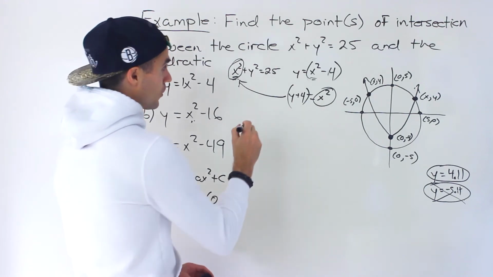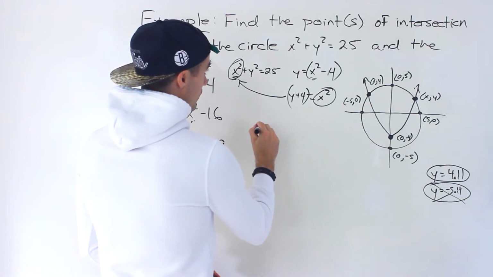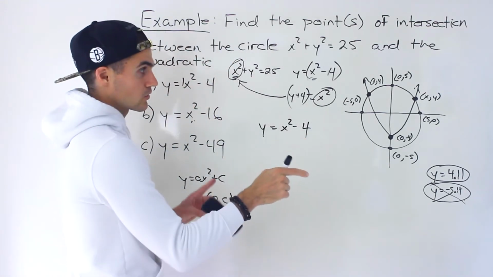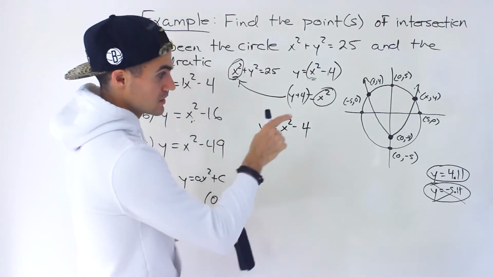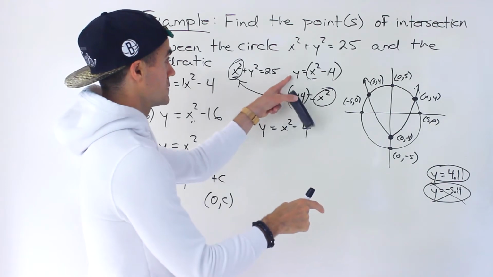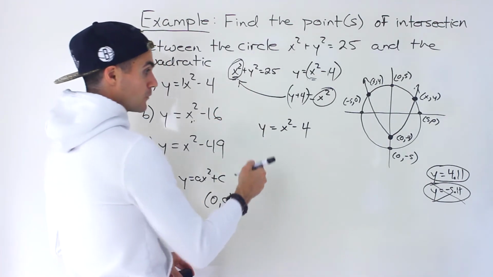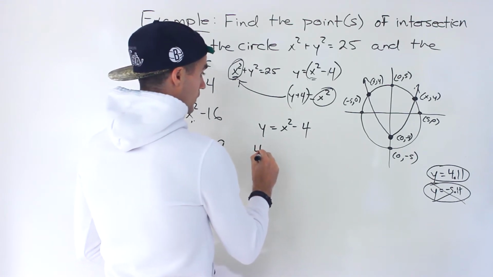Now, what about the 4.11? Well, if we plug it into this one, again, it doesn't matter which one you plug it in, you'll still get the same corresponding x values. You could plug 4.11 in for this y, or for that y, doesn't matter. I'm going to plug it in for this one over here.